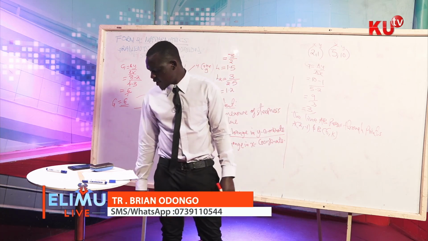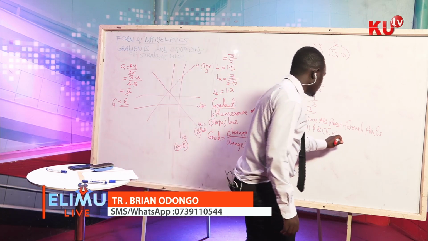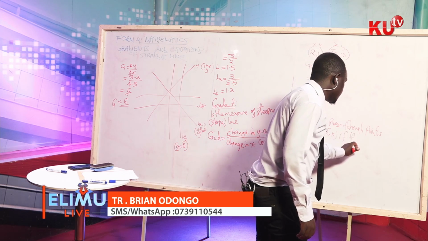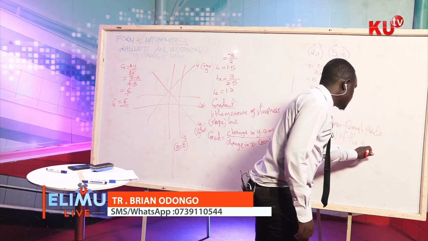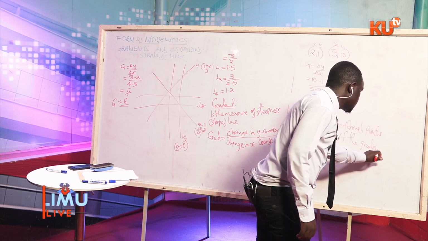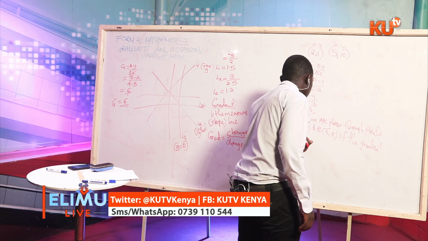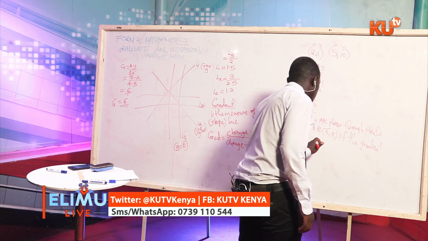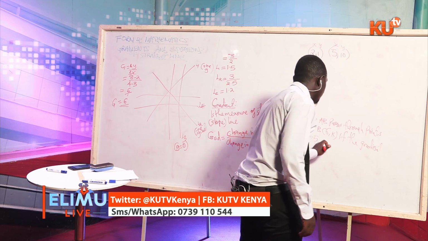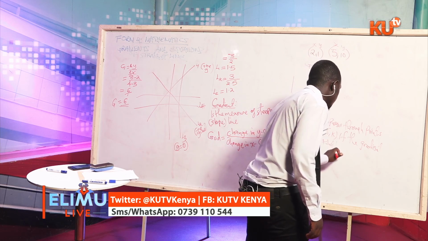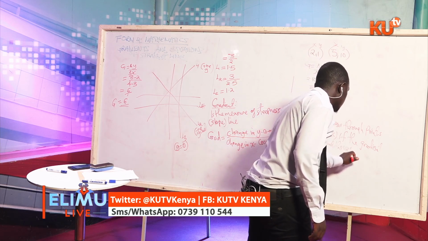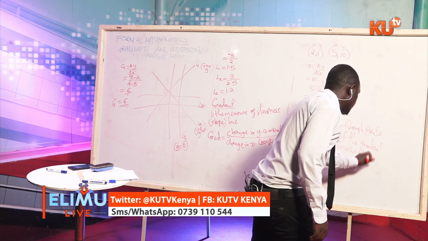If the gradient of AB is equal to 5, find the value of k.